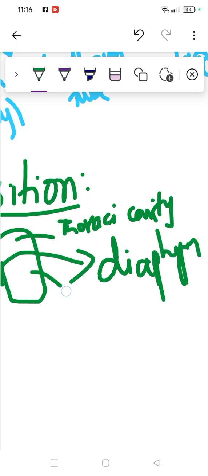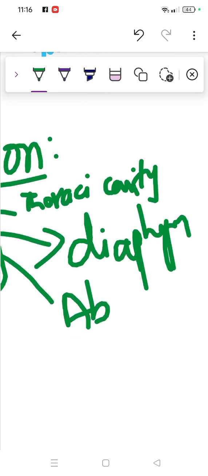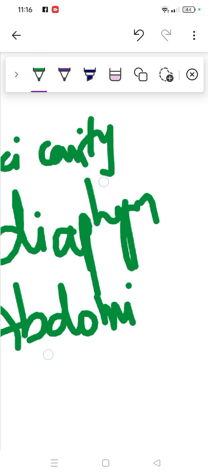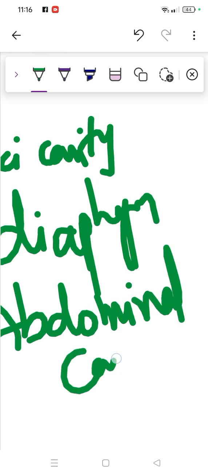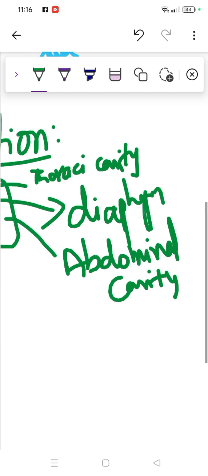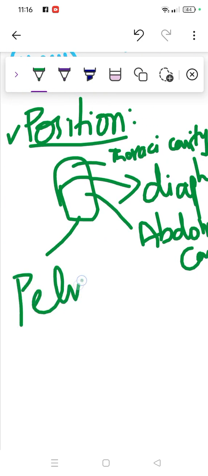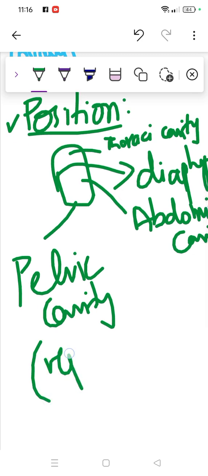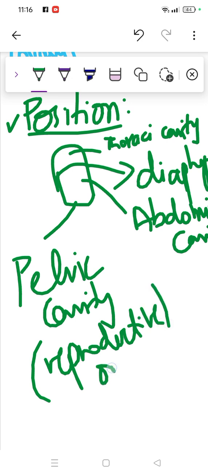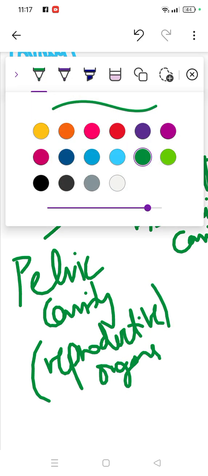Then this region is called the abdominal cavity. And when we talk about the reproductive parts, you'll find this region called the pelvic region, or pelvic cavity. So you'll find the reproductive organs here. I'm sure it's clear to you.